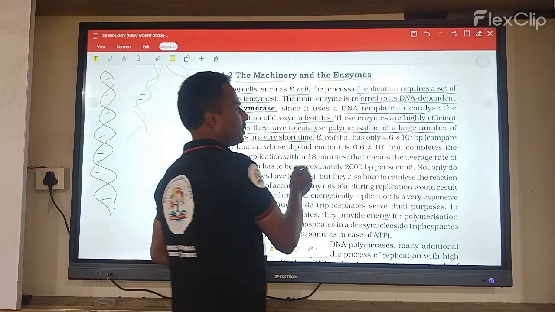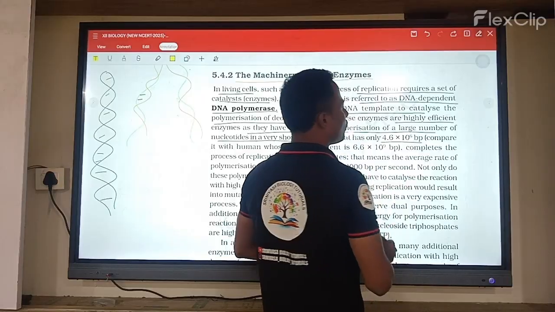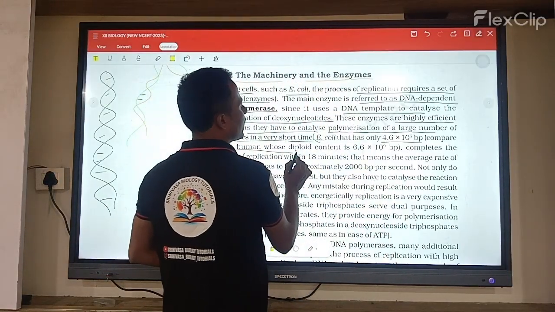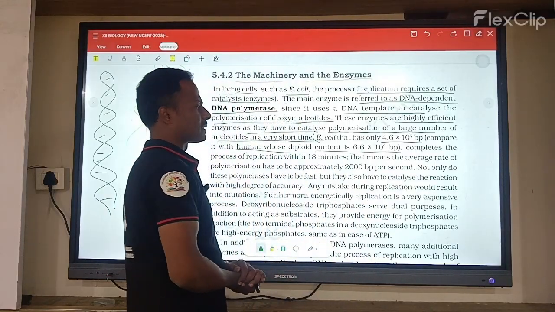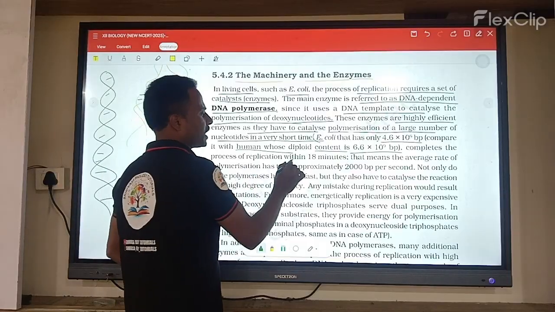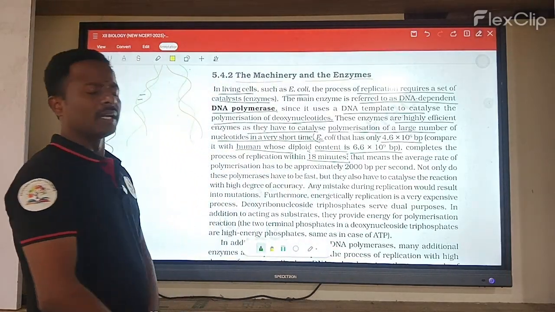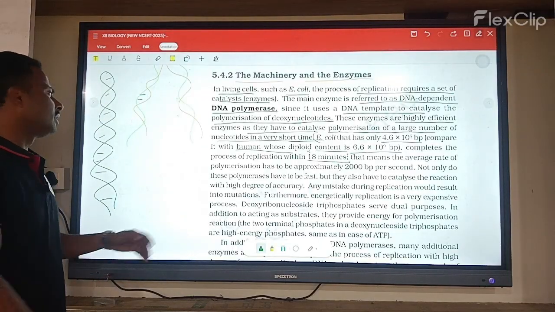Now, for example, Escherichia coli has only 4.6 × 10^6 base pairs, compared with the human haploid content of 6.6 × 10^9 base pairs. E. coli completes the replication process within 18 minutes.